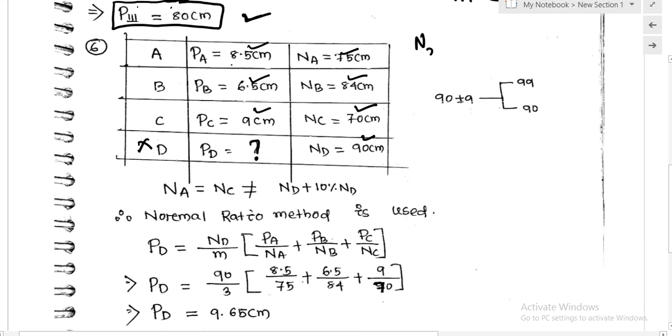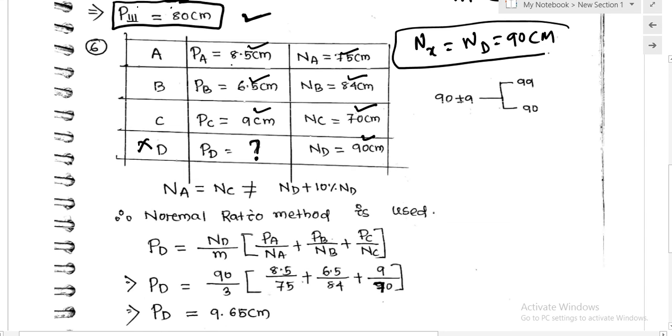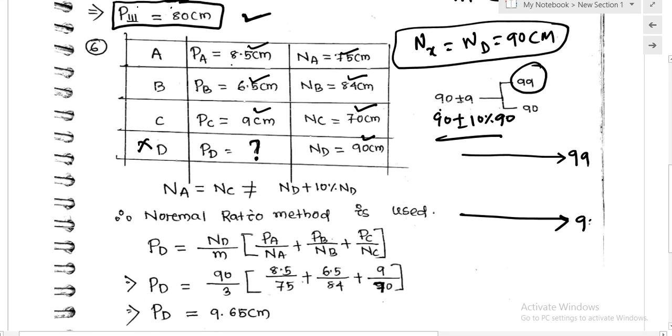So here Nx will be equal to which one? This Nd will be 90 centimeter. Now we have to check the range: 90 plus or minus 10% of 90. So 99 is the upper limit boundary condition, and the bottom boundary condition is 81.